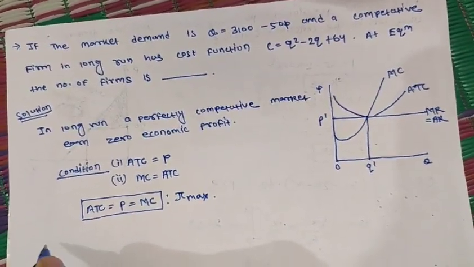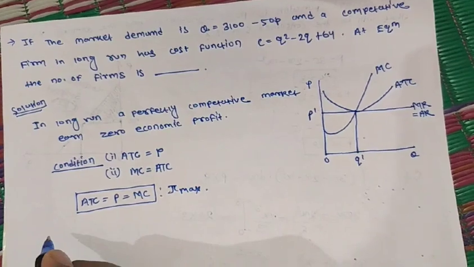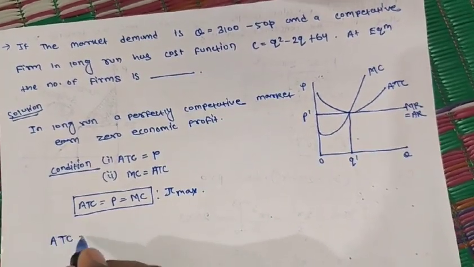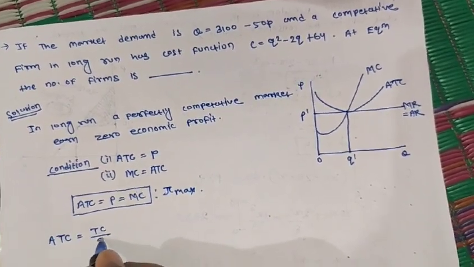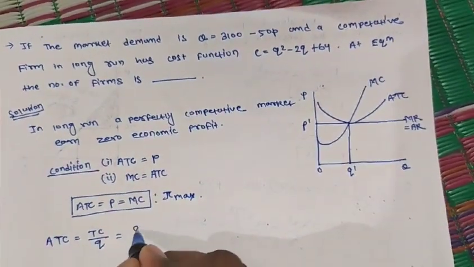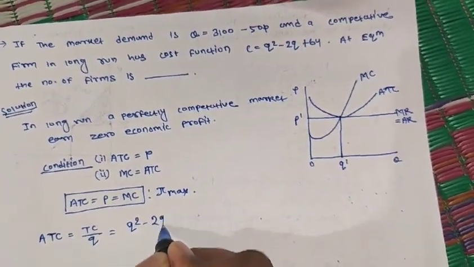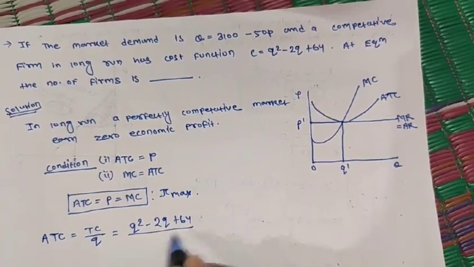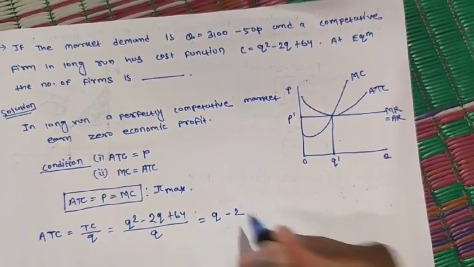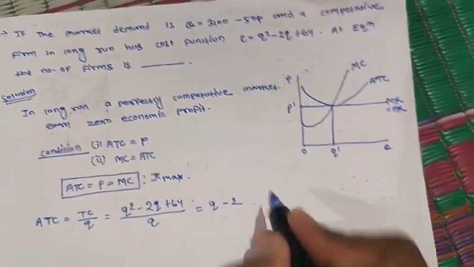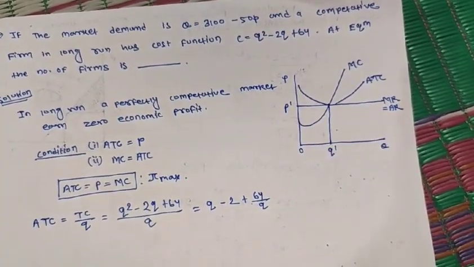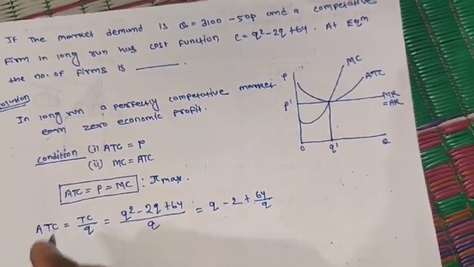As we know, average total cost is found by total cost divided by output. Average total cost is equal to total cost upon output. Total cost is Q square minus 2Q plus 64. So average total cost is Q square minus 2Q upon Q, plus 64 upon Q, which is Q minus 2 plus 64 upon Q. Now we have to find the marginal cost.